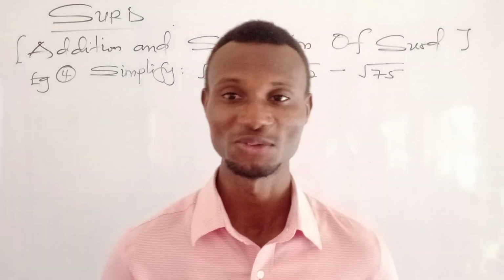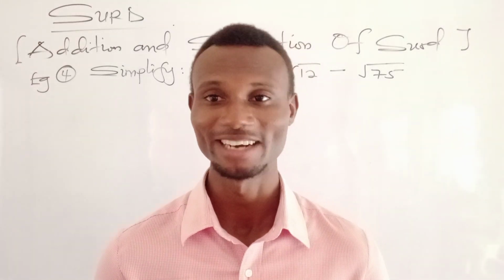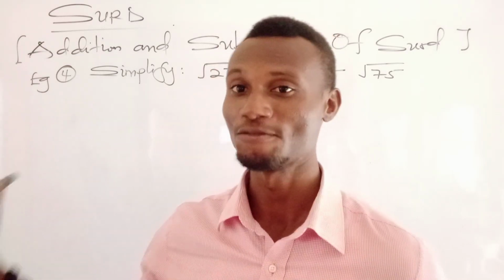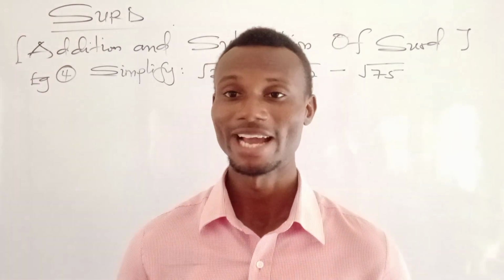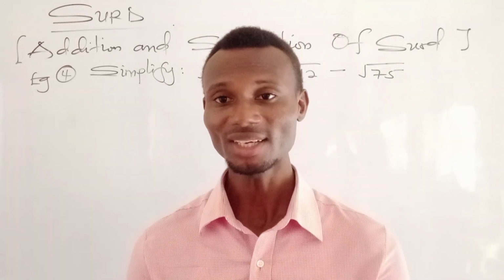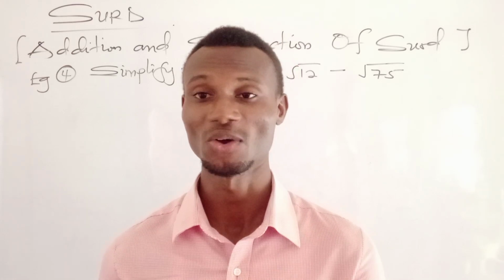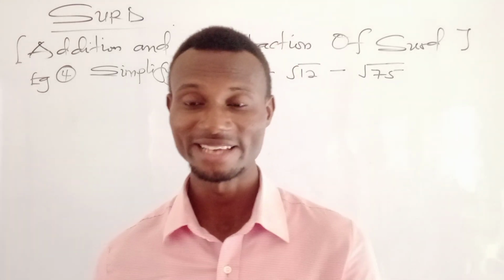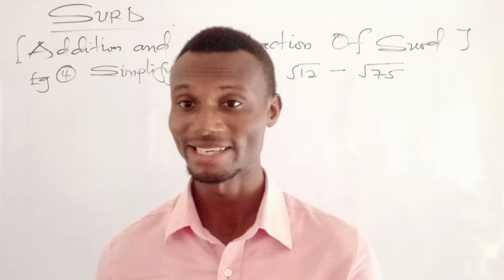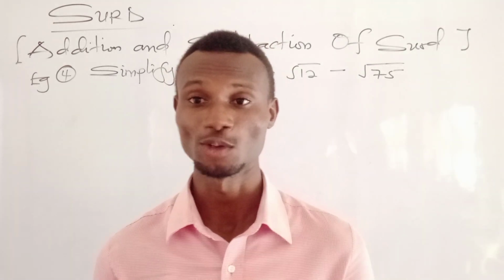This is a continuation to solve another example with you for you to get a perfect understanding of it. So this is example 4. It means we've already done example 1, 2 and 3 in the previous videos, and I will advise that you do well to watch the previous videos because they lay the foundation, the basic knowledge and understanding that you need on addition and subtraction of surds.